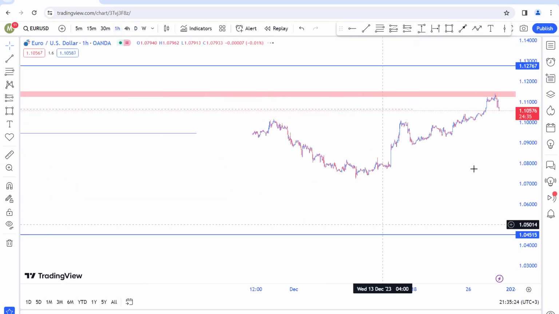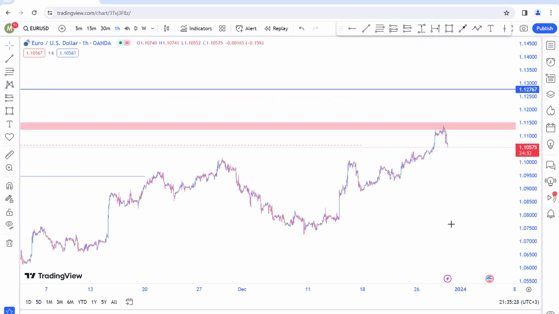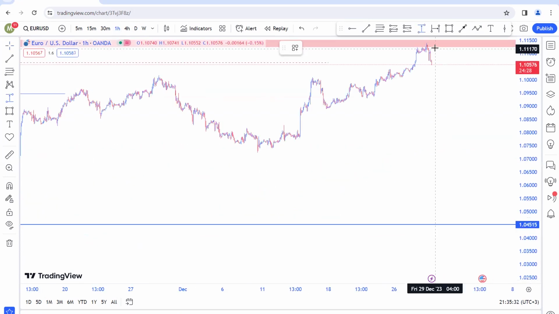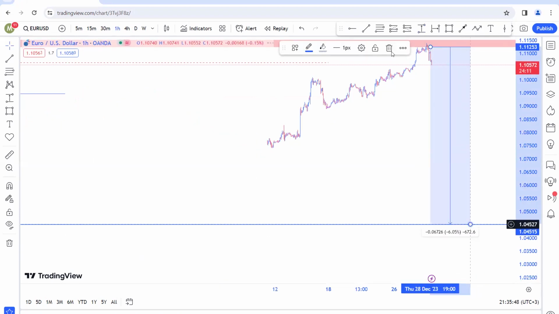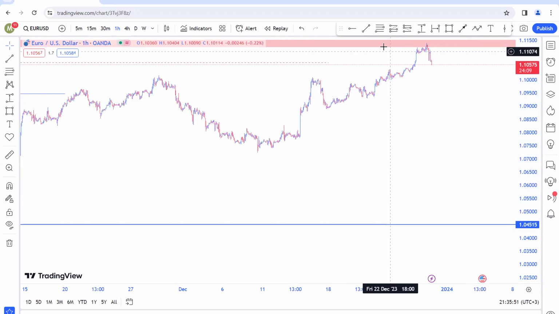So this is how I came up with those sales on Euro USD with that very simple approach. I am risking 26 pips, targeting 672 pips.